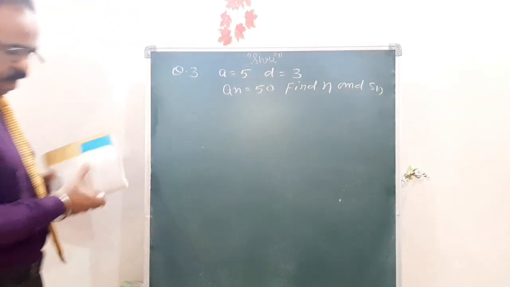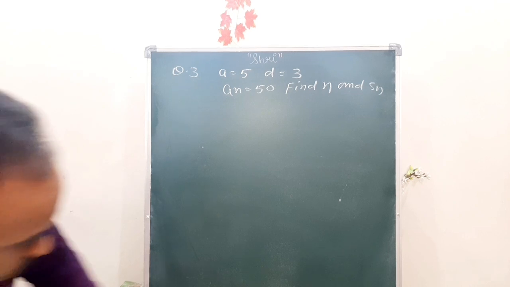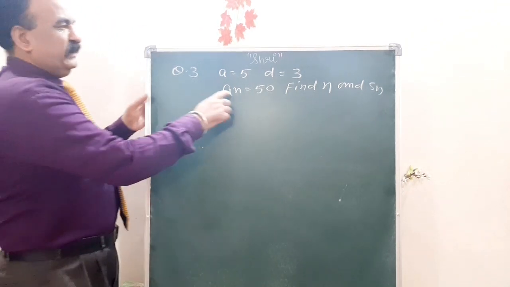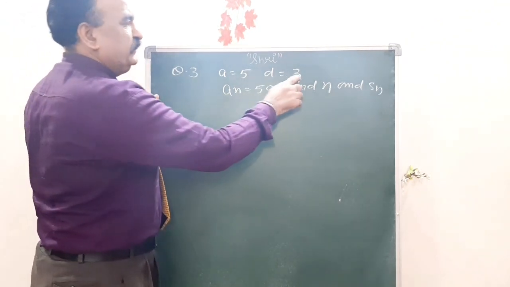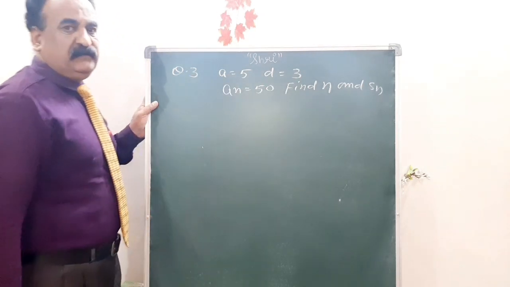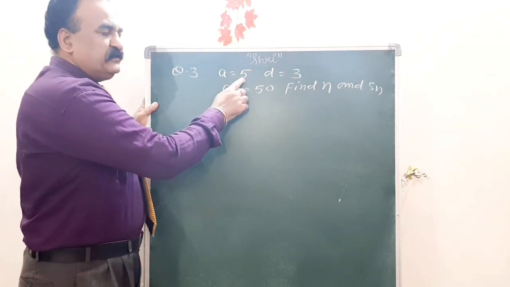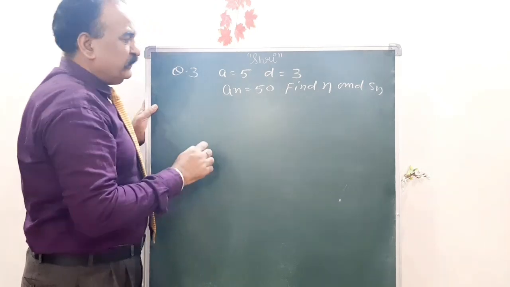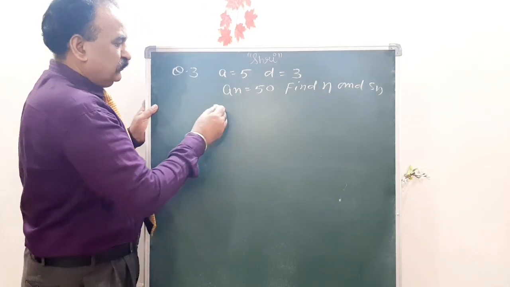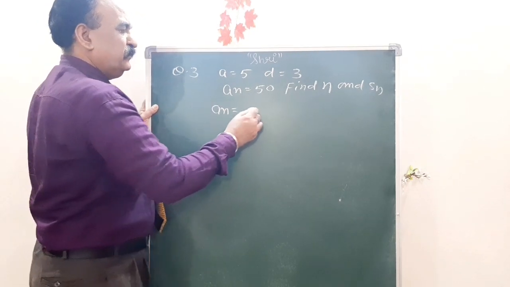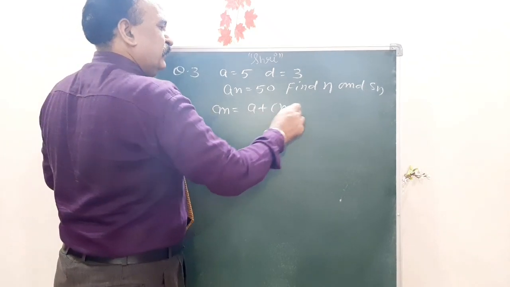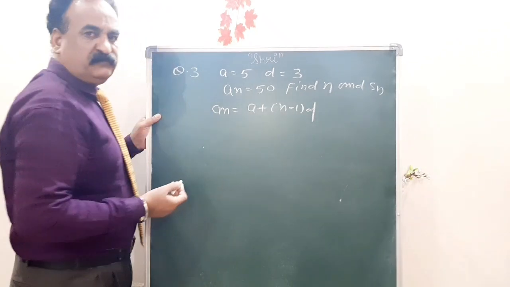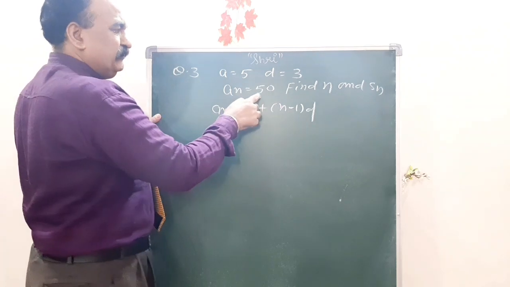Let us see. How to solve this question? an is equal to 50, d is equal to 3, a is equal to 5. a is the first term, d is the common difference, an means the last term. So an is equal to a plus n minus 1 into d. Last term is 50.